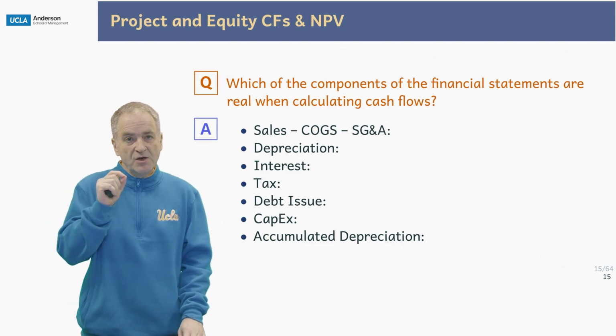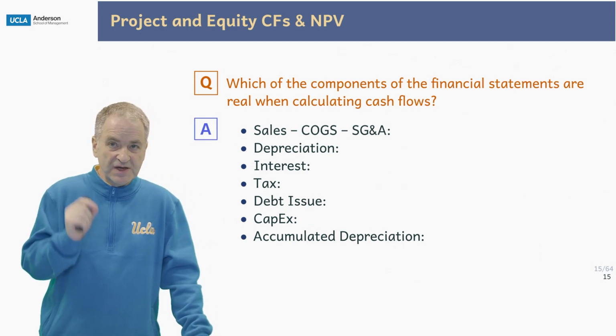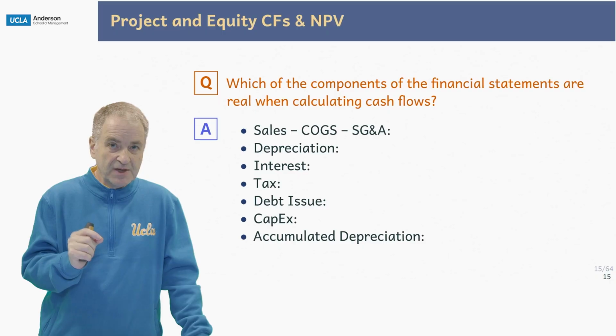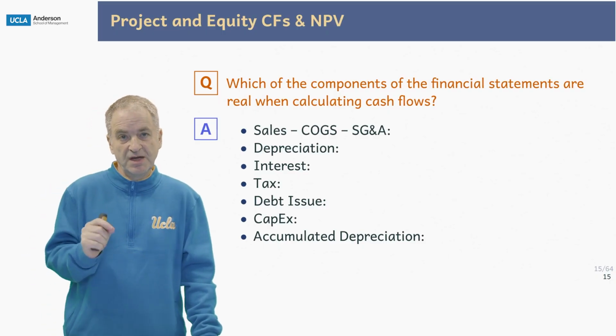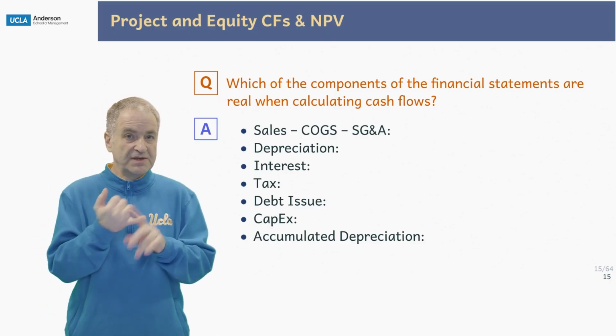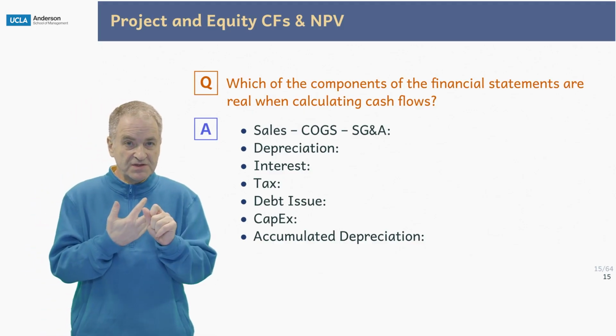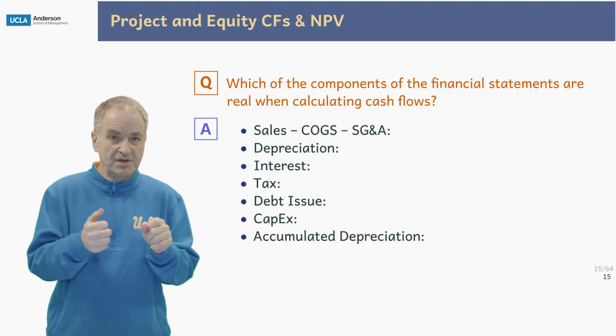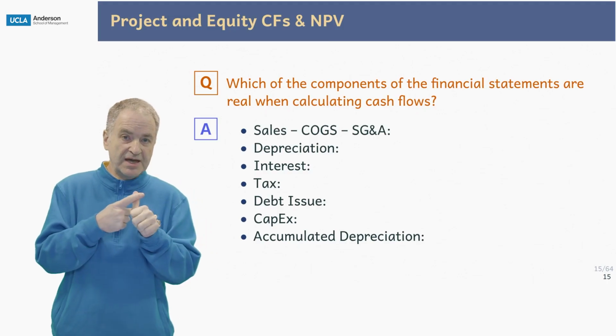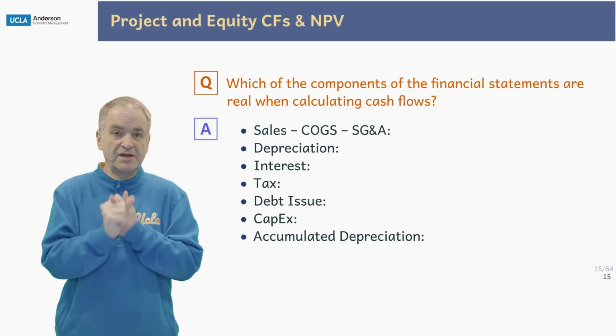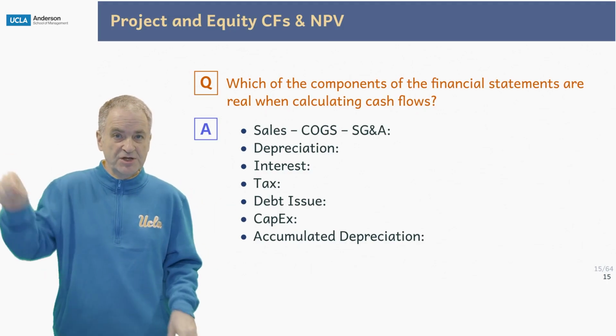Now, which of the components of the financial statements are real when calculating cash flows? And the choices are the sales number, the depreciation number, the interest number, the tax number, the debt issue number, the CapEx, and if you want, the accumulated depreciation, how much it adds every time.